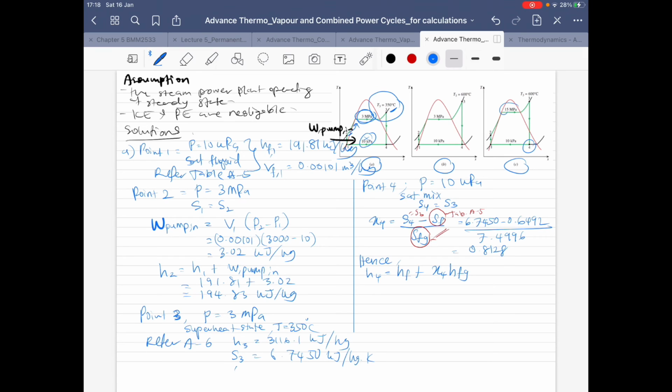So kita pakai nilai ni. HF kita adalah 191, sama je, HF ni sama lah dengan point 1 tadi, point number 1, 81 kilojoule per kilogram, plus X4 0.8128 times HFG ya. HFG nak baca dekat mana? HFG boleh baca daripada table A5 juga, 92.1. So akan dapatlah H4, so 2136.1 kilojoule per kilogram.